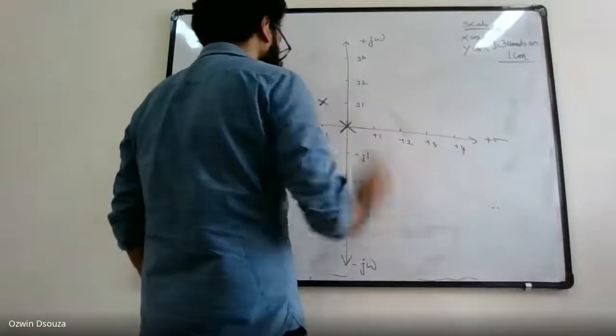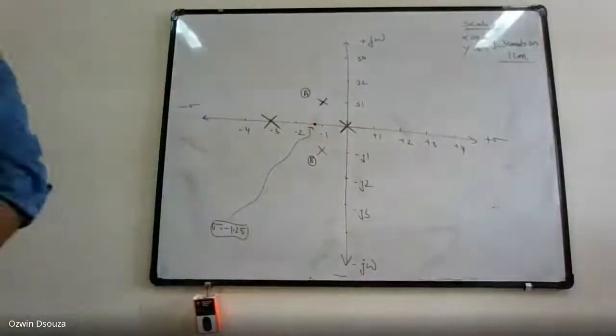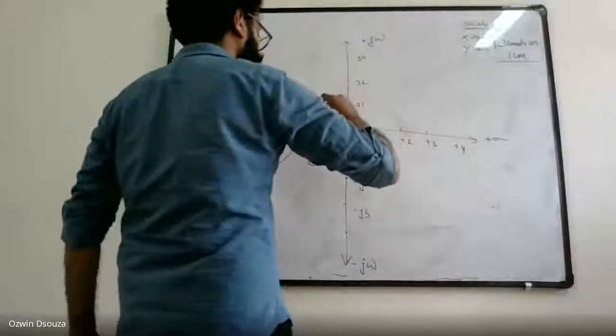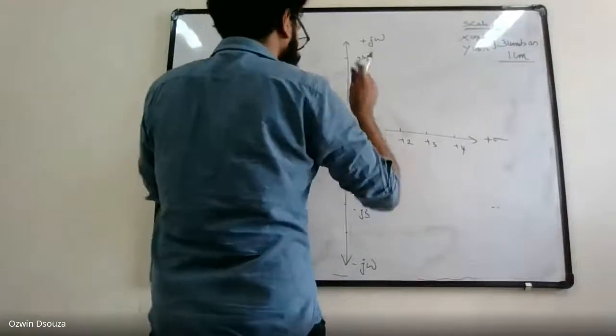So taking the centroid as the reference, we have to draw a straight line. So a 45-degree angle you have to draw. So something like this, you will get a 45-degree angle.